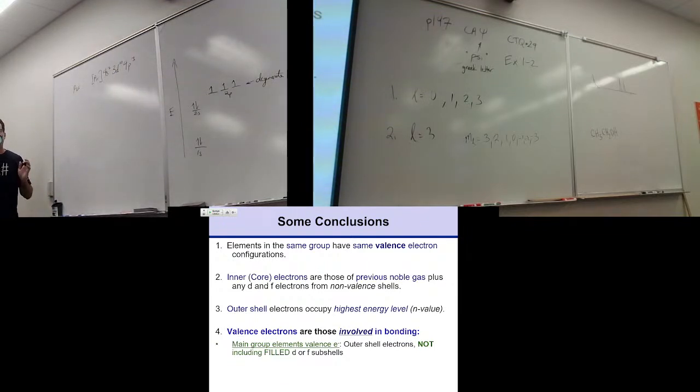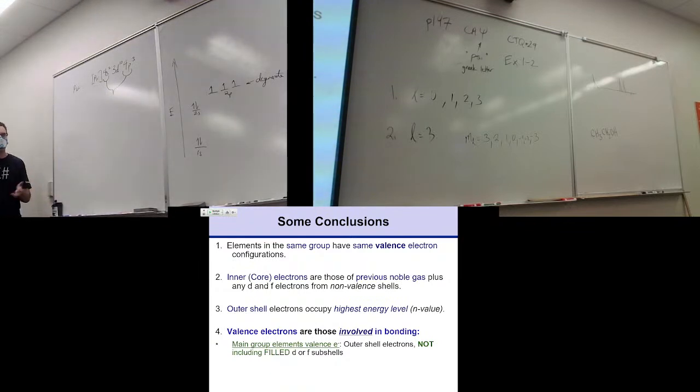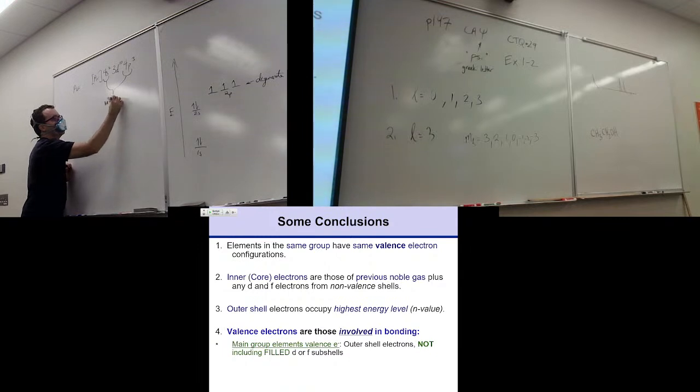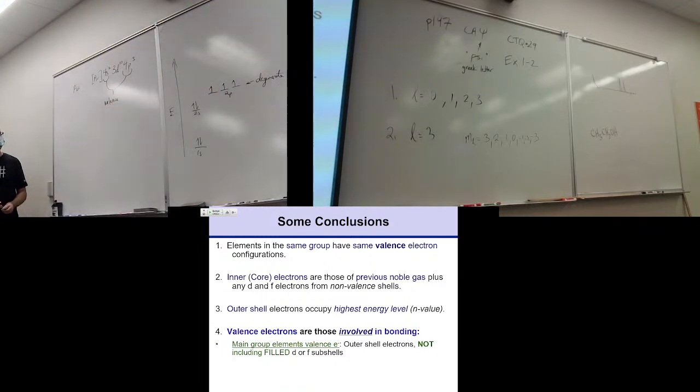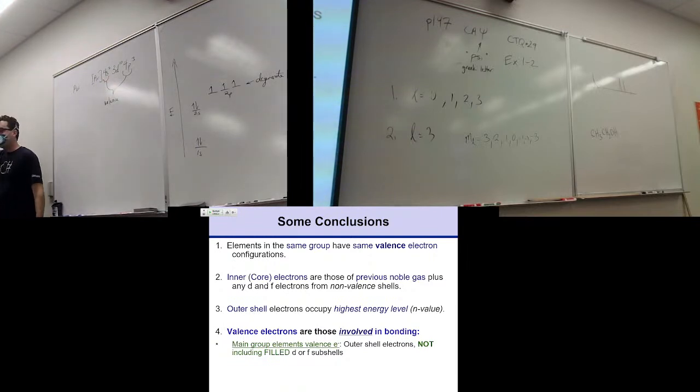I would call the valence orbitals only the ones in shell 4. So arsenic only has 5 valence electrons. You ignore the lower shells if they're full for main group elements.